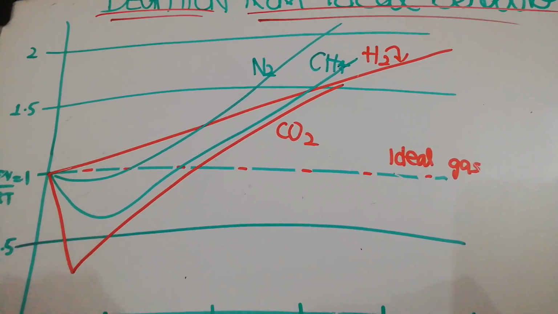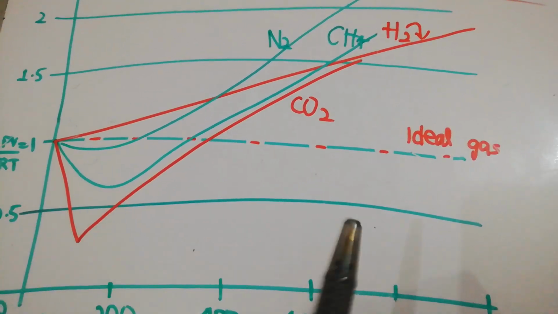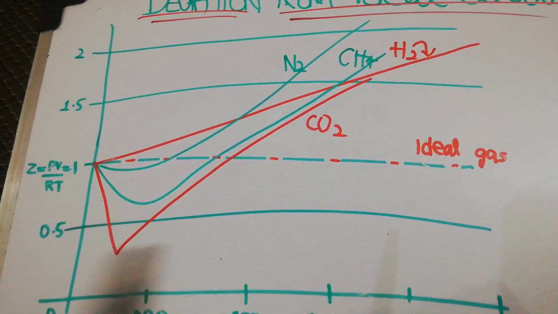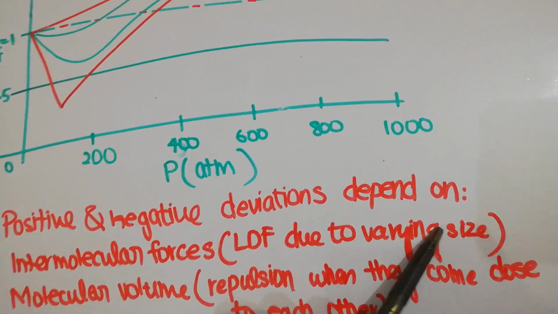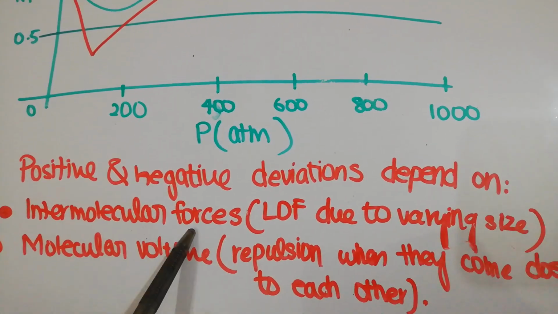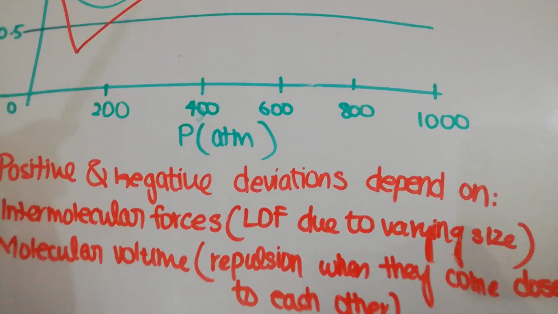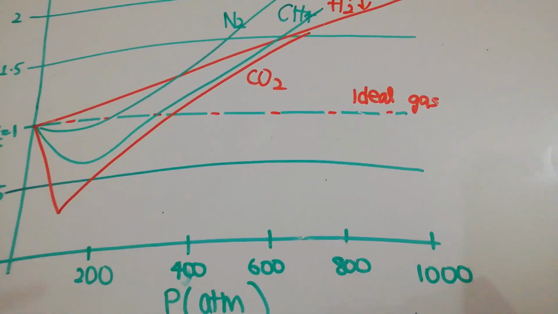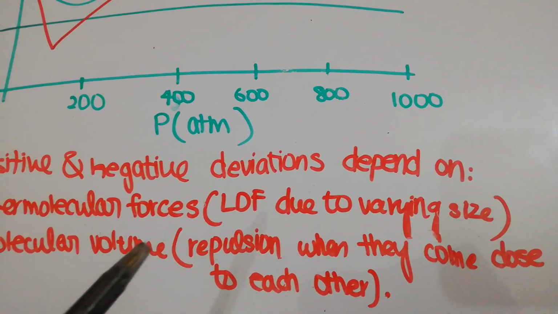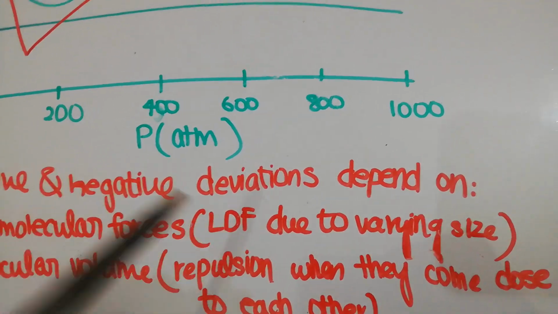And what influences these deviations? There are two factors that influence such things. Positive and negative deviations depend upon intermolecular forces. So, let's suppose the molecules that we are talking about are nonpolar, so the forces in their case are going to be London dispersion forces.